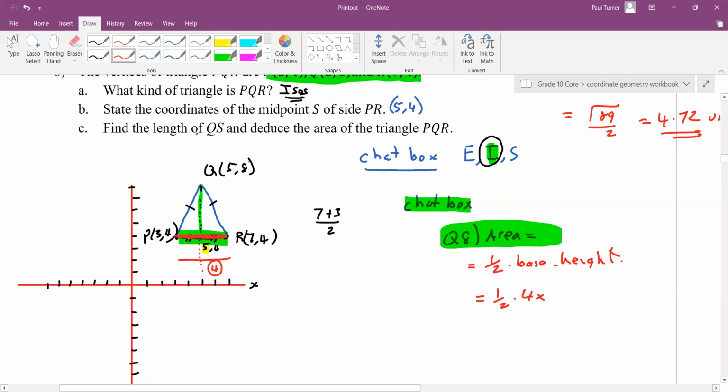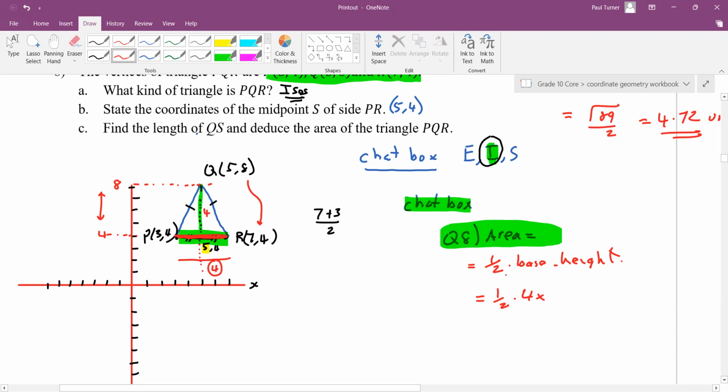The height is from 8 down to 4, isn't it? So this here was 8. And at this point, this length, this is 4. So the height has to be 8 minus 4. So the height of the triangle is 4. So just use your coordinates to calculate. Just checking what I've done there.